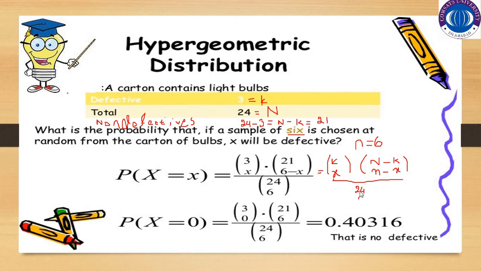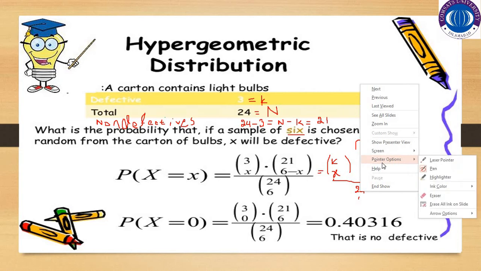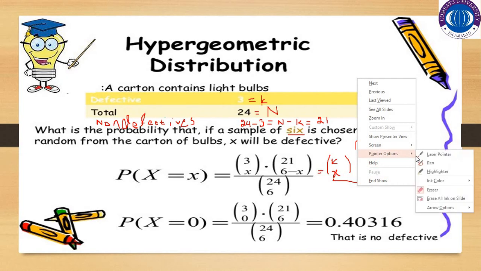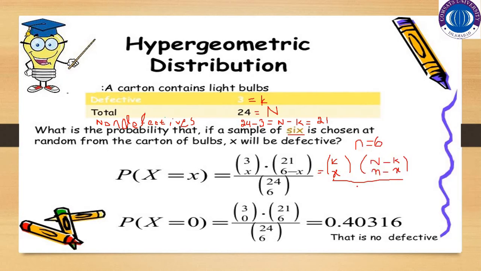It means it is capital N C small n. So this is the probability mass function of the hypergeometric distribution. On substituting the values, we will get this form of the probability mass function.